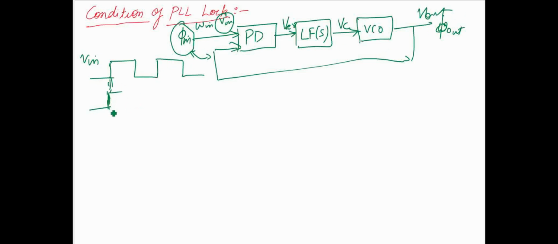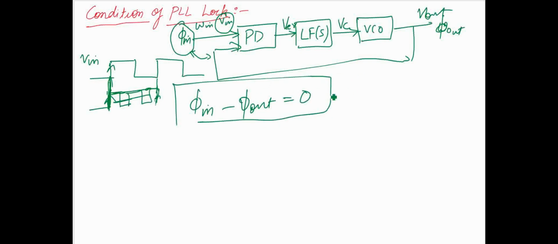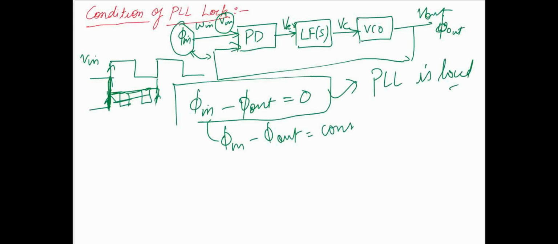The phase between V in and V out, that is phi in minus phi out, should be 0. When this happens, we call the PLL locked. Or phi in minus phi out can equal a constant, and in this situation we also call the PLL locked.